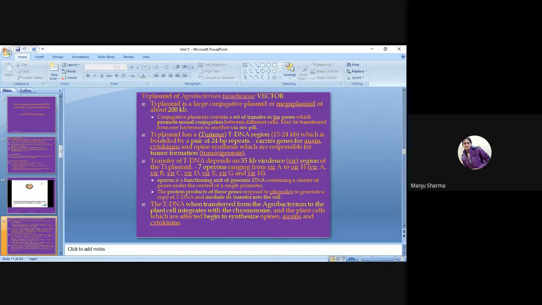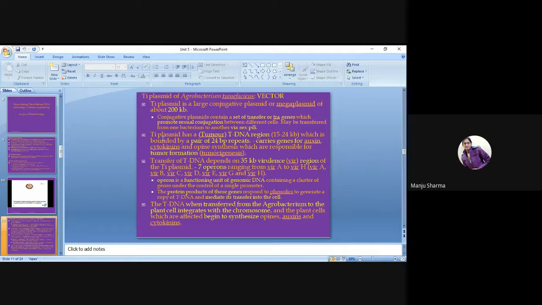So, transfer of T-DNA depends on the 35 kb virulence region of the Ti plasmid, with 7 operons. An operon is a functioning unit of genomic DNA containing a cluster of genes under the control of a single promoter.